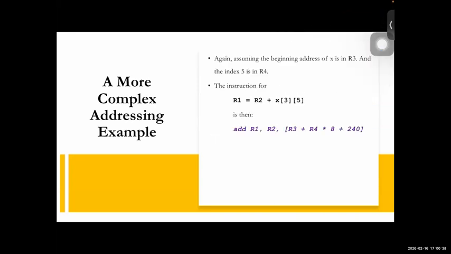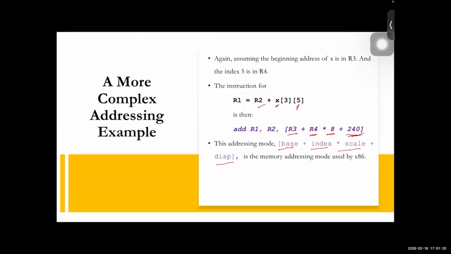That gives the instruction add R2, and the second operand is the base address in R3, and for the fifth column element, R4 holds 5 multiplied with 8, because it is a double type, plus the offset, since the element is 3 rows away, that is 240.